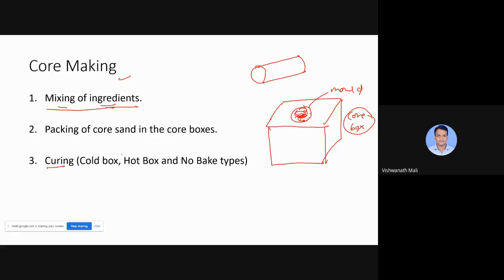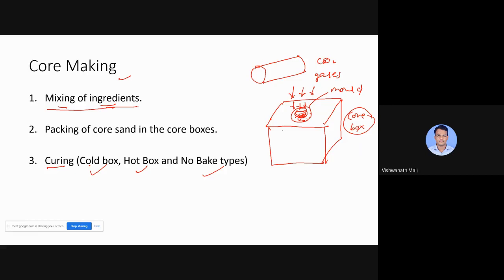There are three types of curing: cold box, hot box, and no bake types. In cold box, we pass certain gases, like carbon dioxide, and in one process silicon dioxide, through the core, through the mixed ingredients which we have filled.